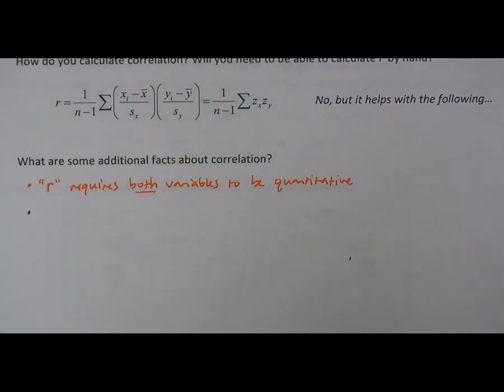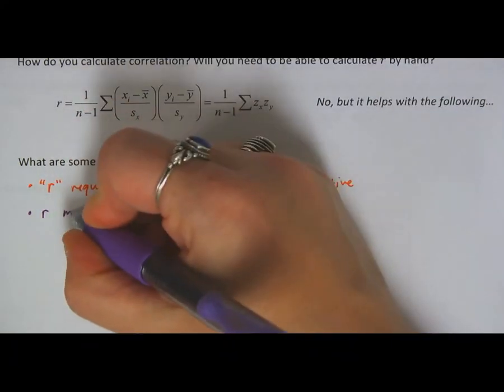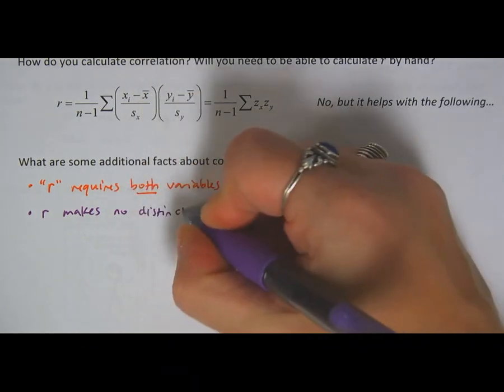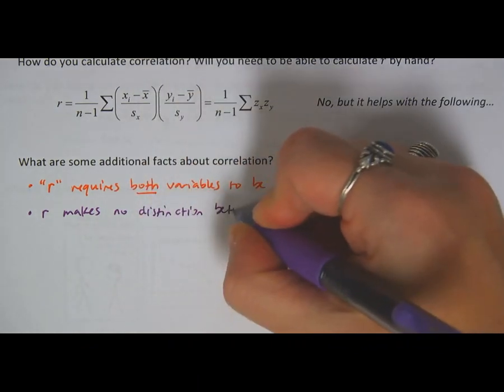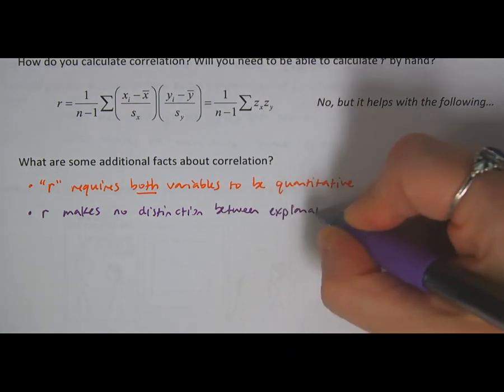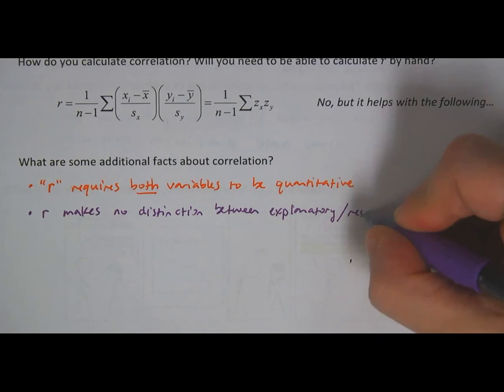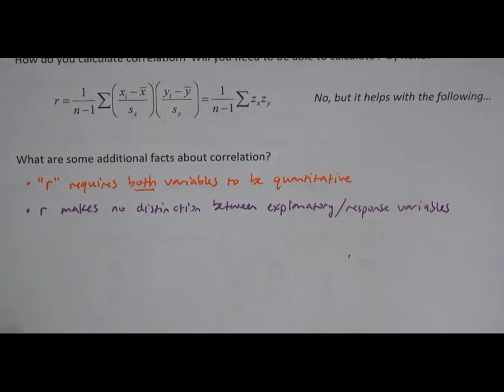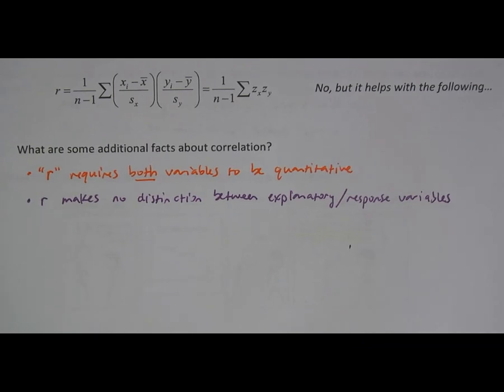R makes no distinction between explanatory and response variables. In other words, R will not tell you, just in and of its own, what's the explanatory and what's the response variable.